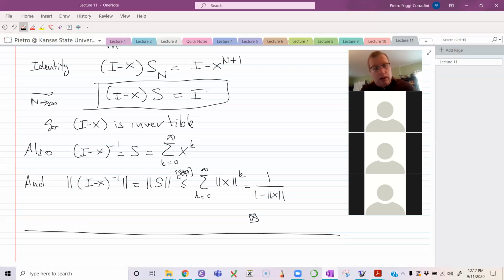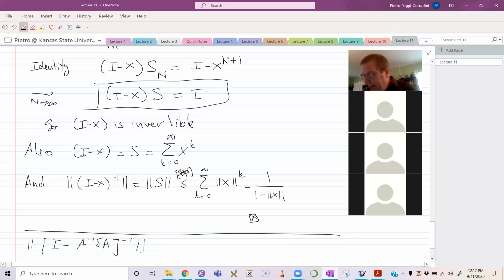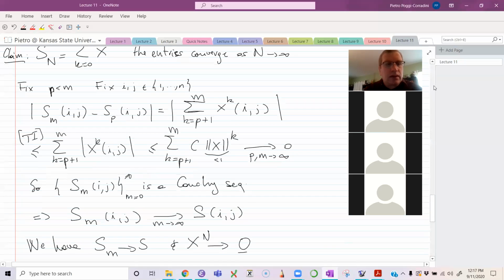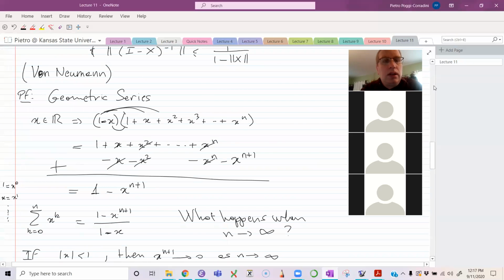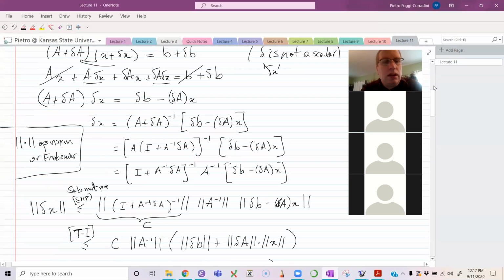All right, so how do we apply this back to what we were doing earlier? So earlier, I was looking at the norm of identity plus A inverse delta A. Let me just go check if it was a plus. It was a plus.